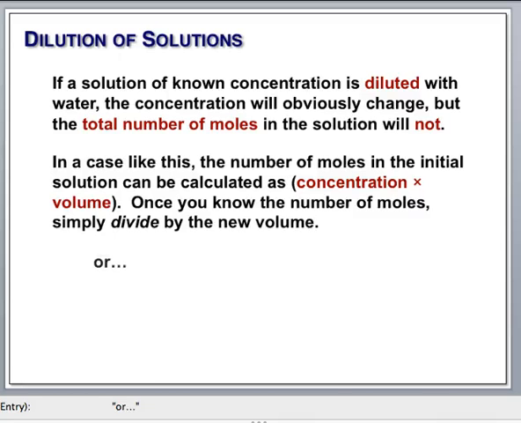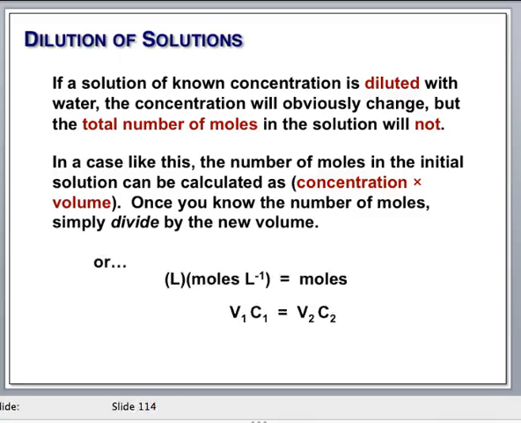We can express this mathematically, knowing that concentration times volume is moles. Our initial volume times our initial concentration will give us how many moles we start with. Now we add water to it.